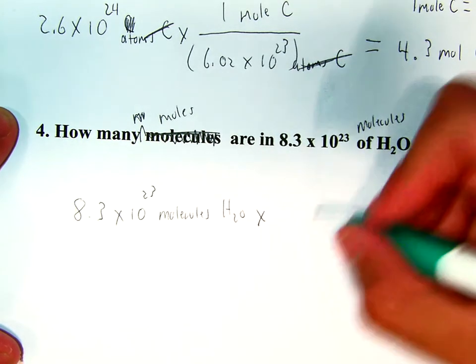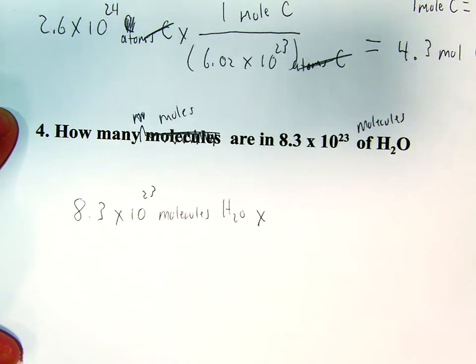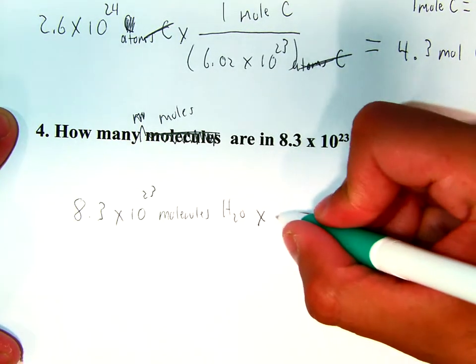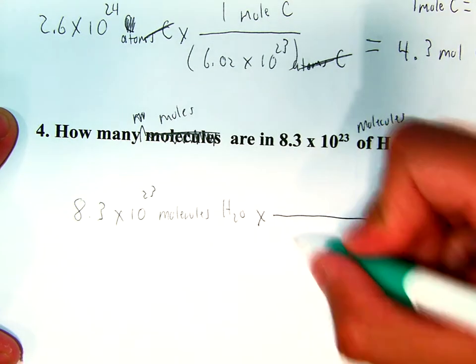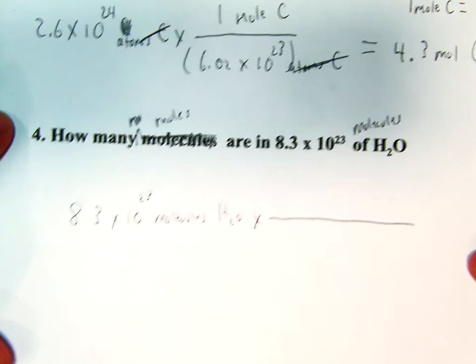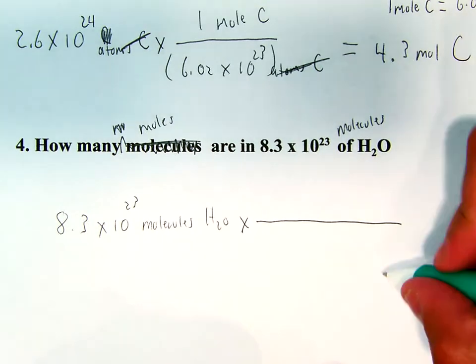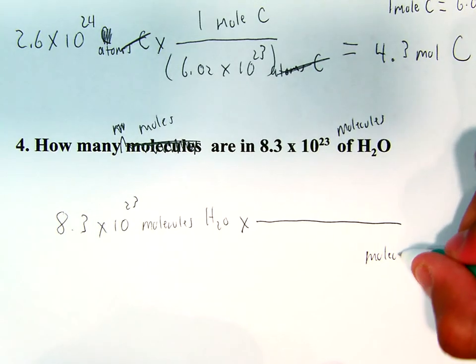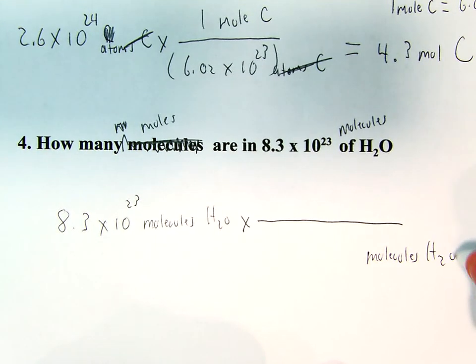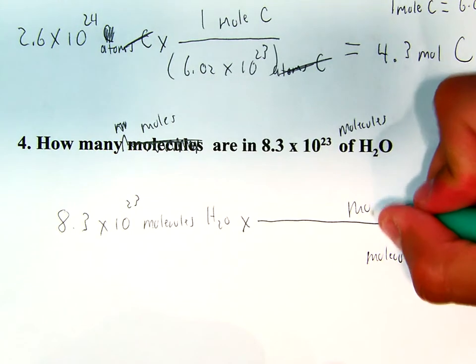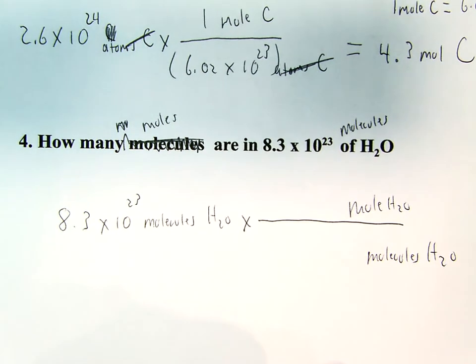So times, the only difference is that I'm not going atoms of carbon, I'm going molecules of H2O. So I go Avogadro's number, right? And the reason I'm doing Avogadro's number is because let's look at our units. If I start with molecules here, then I need to have molecules of H2O down here. And what I want is moles of H2O, okay?